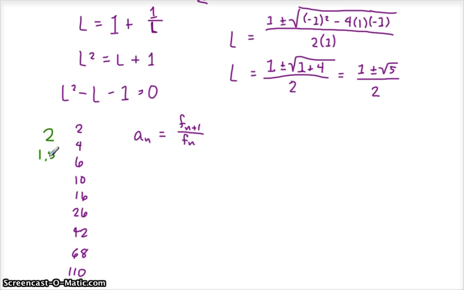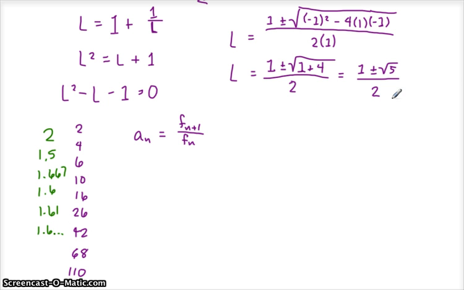Then 10 divided by 6 gives us 1 and 4/6, so it's about 1.667. And then 16 divided by 10 is 1 and 6/10, then we're looking at 1.6. And for this next one, I'm going to have to use a calculator, but as we continue on, we'll see that these values start to progress towards a bit of a 1.61, 1.62, okay?